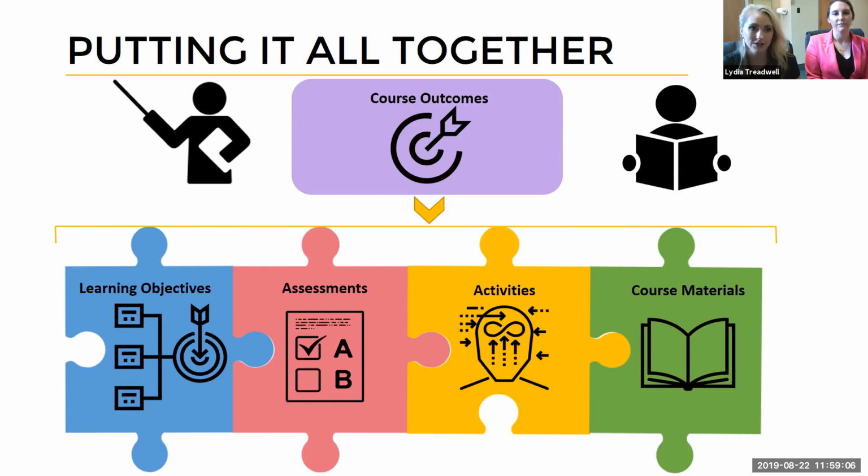And on the flip side, students can see very clearly that the course materials, the activities that I'm doing, the assessments that I'm taking, match up with those outcomes and those learning objectives. So everyone benefits in the end from alignment.